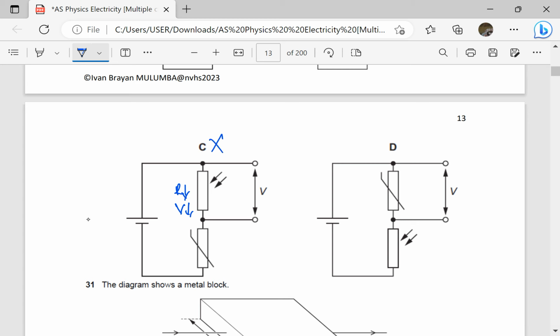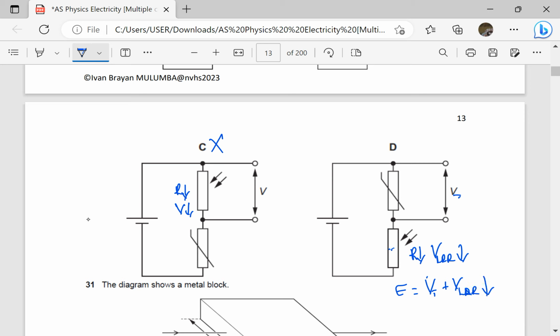Let's look at this. Light intensity increases, here resistance decreases. The potential difference across the light dependent resistor decreases because the resistance of the LDR is decreased, but V is measured across the thermistor. Remember, the e.m.f. must be the PD across the thermistor plus the PD across the LDR.